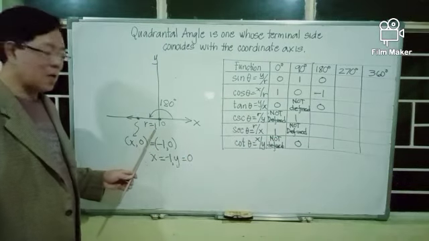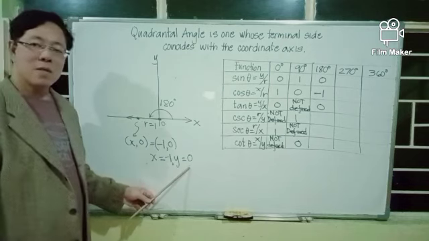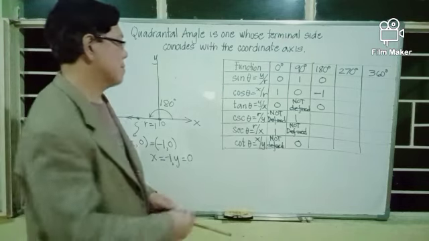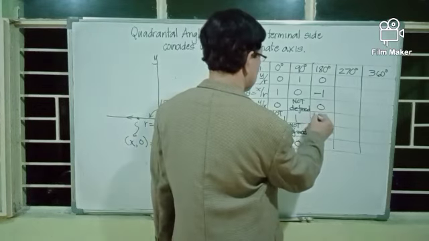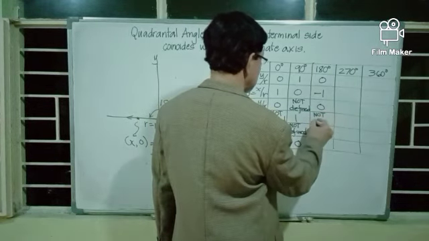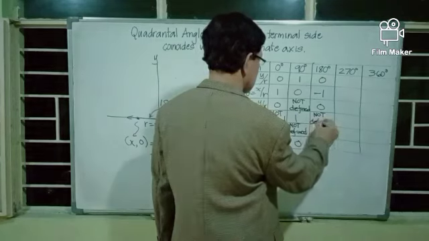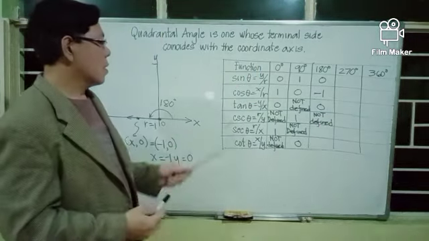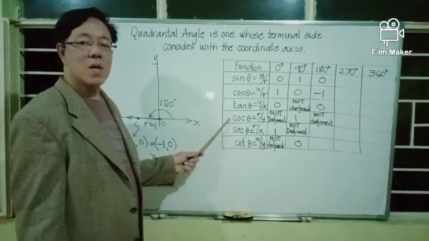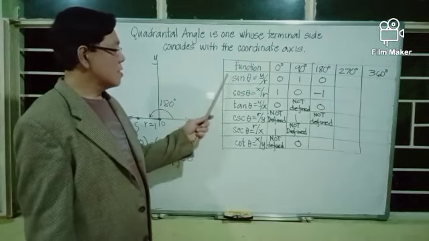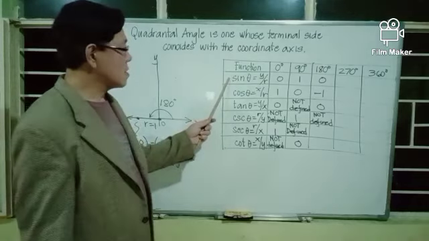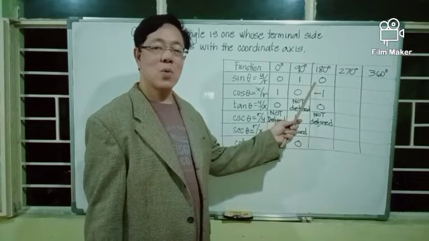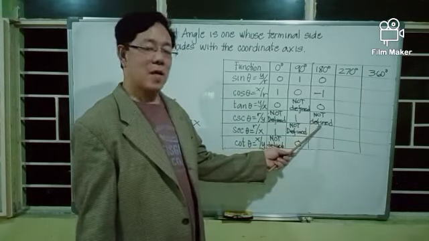Our r is 1, our y is 0, and 1 divided by 0 is not defined. Or cosecant is the reciprocal of sine. The sine of 180 degrees is 0. And reciprocal of 0 is 1 over 0, which is not defined.